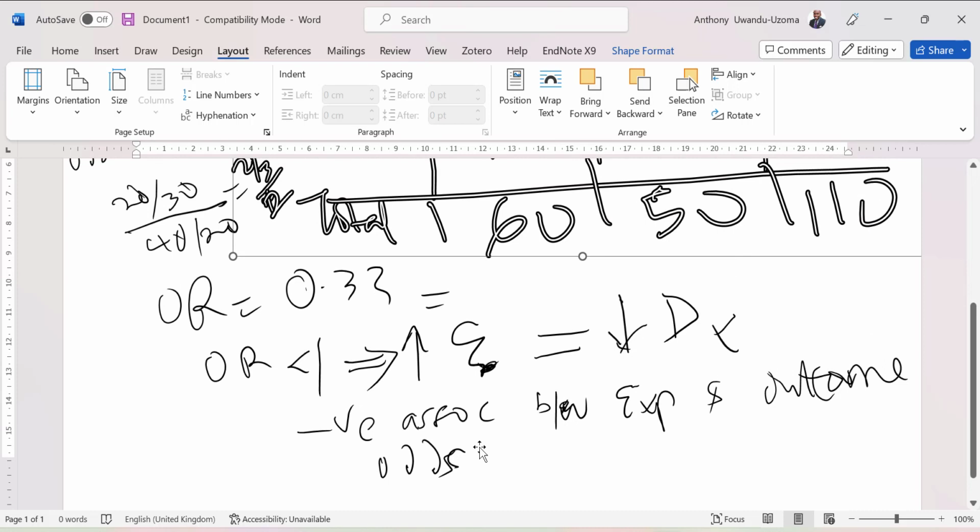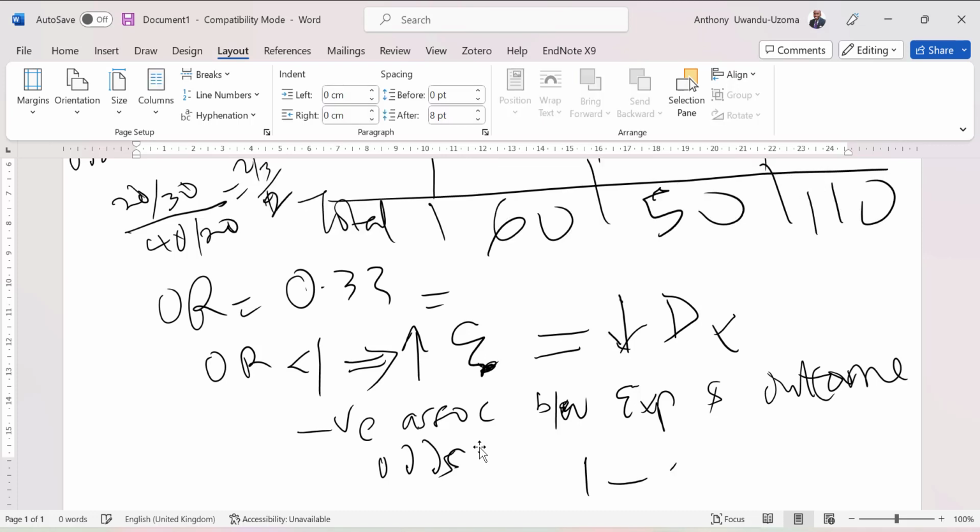So now, how can we know the amount of protection? We do 1 minus 0.33, which will be 0.7 or 70%.